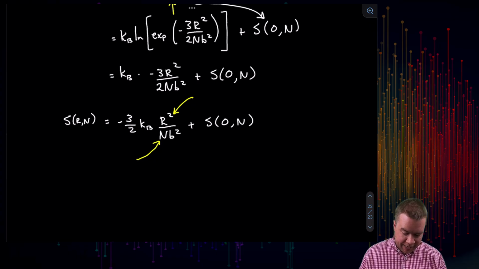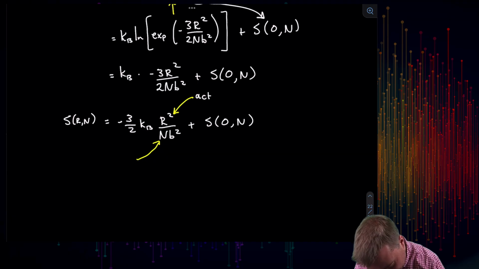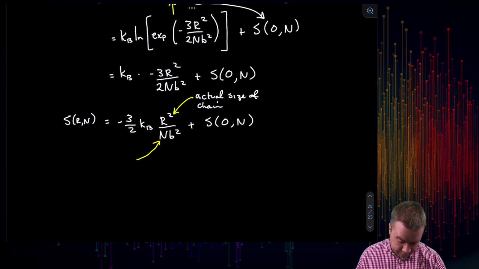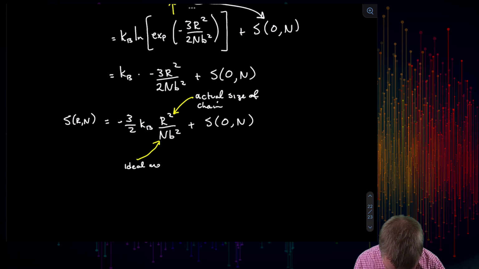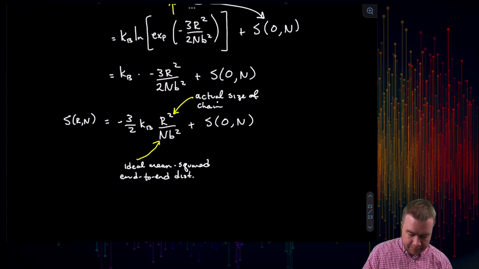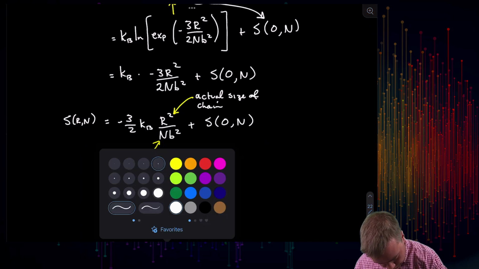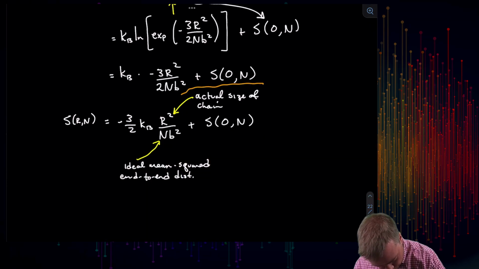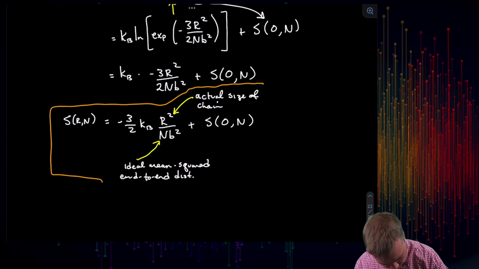It's equal to minus 3/2 Kb times the actual size of the chain relative to the ideal mean squared end-to-end distance, right? So that's our entropy. Very important. Let's draw a box around this so we don't lose it.